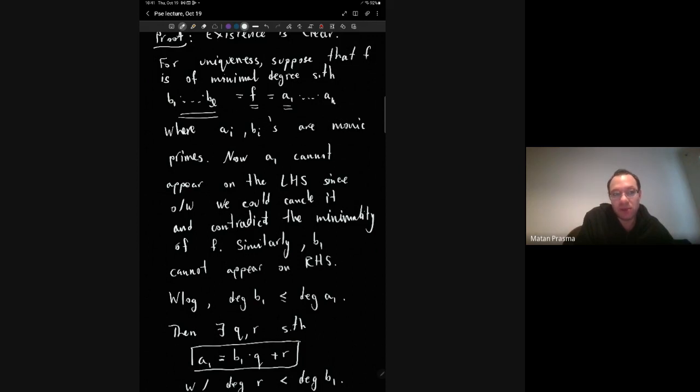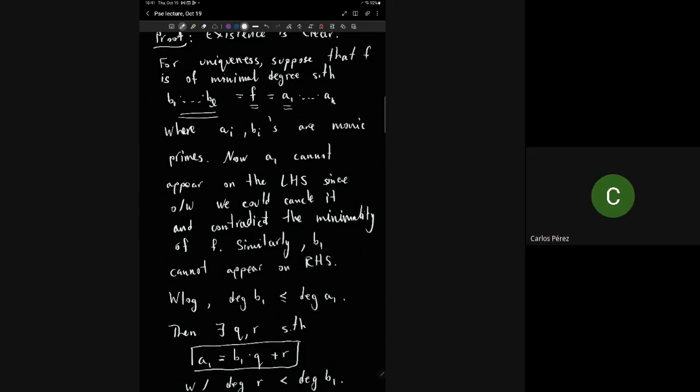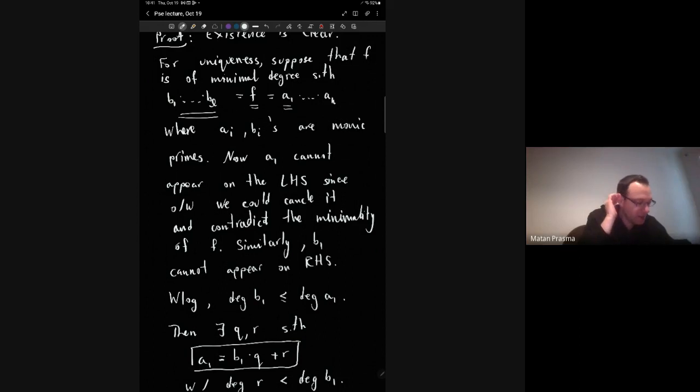So this would contradict. I see. Okay. And for the same reason, B1 cannot appear on this side. Okay, because again, I could cancel it out and contradict the minimality of f.